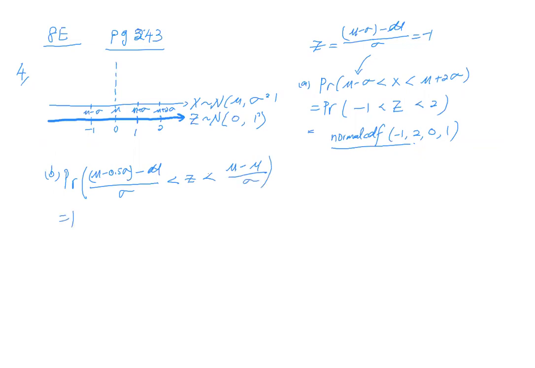So it will be probability of -0.5 and this is 0. So your A is -0.5, your B is 0.